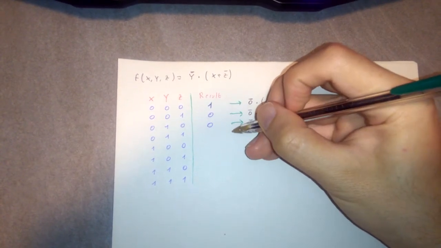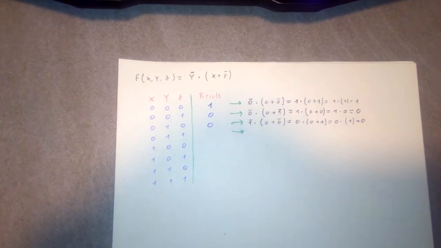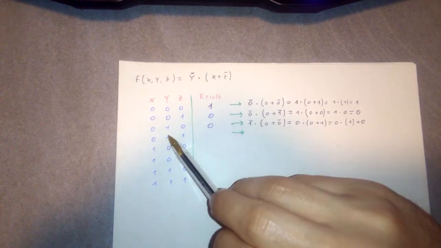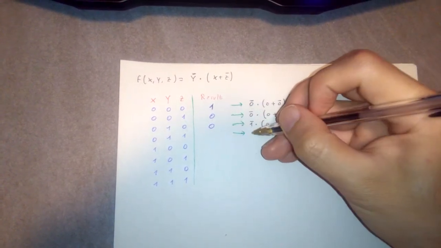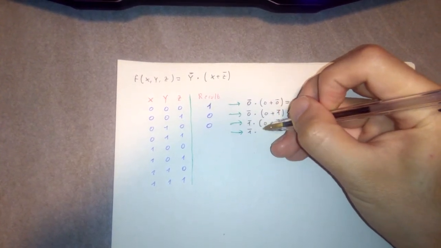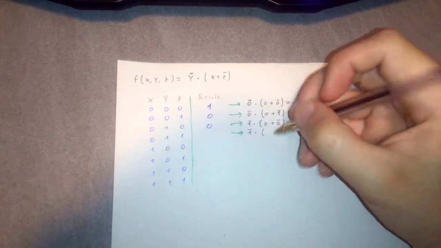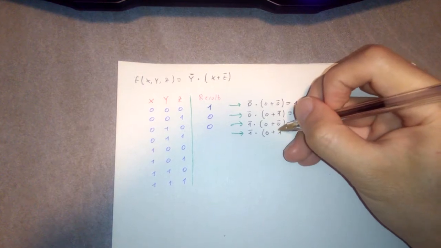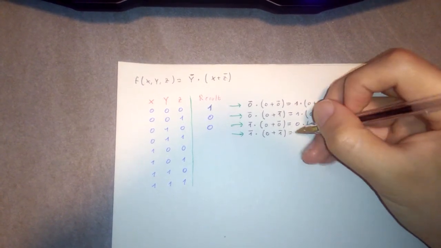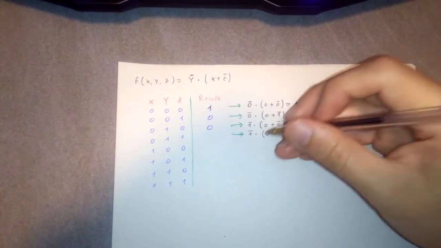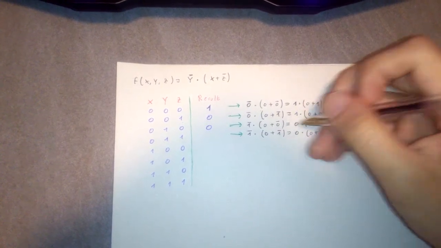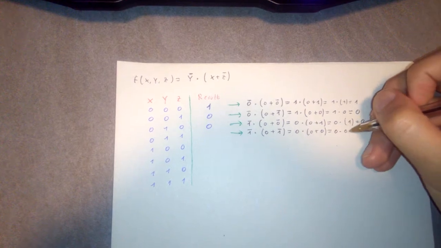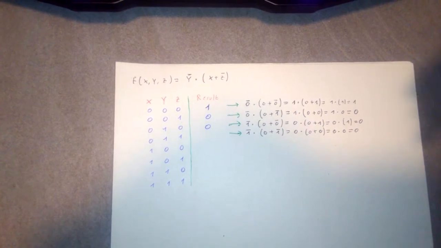And again, we go on with 0, 1, 1. We plug in 1 for y and get not 1 times x, which is 0, plus not z, which is not 1. So not 1 is 0, times 0, plus not 1 is 0. So 0 times 0 plus 0 is 0, and therefore we get 0.